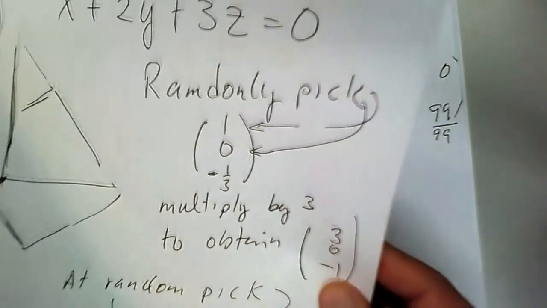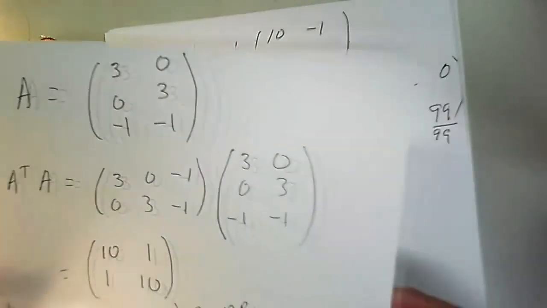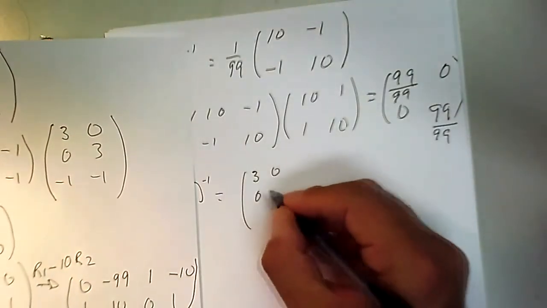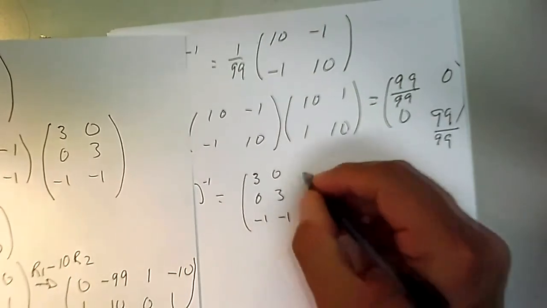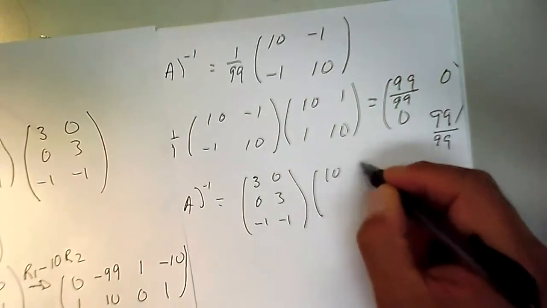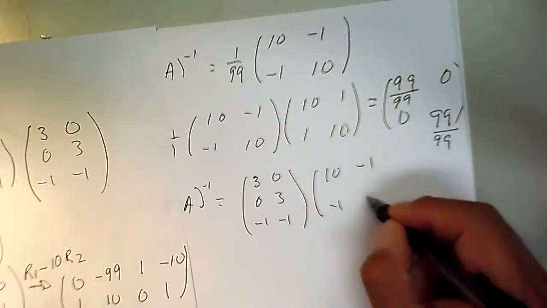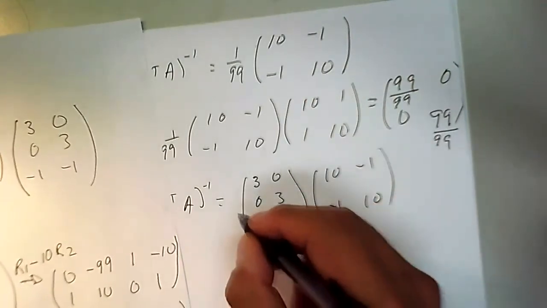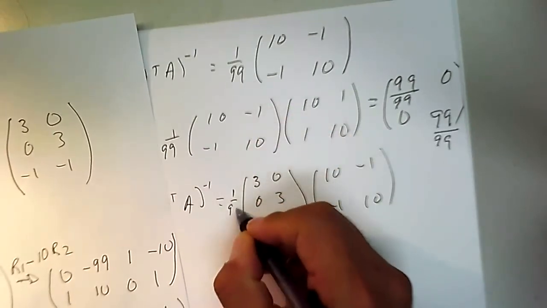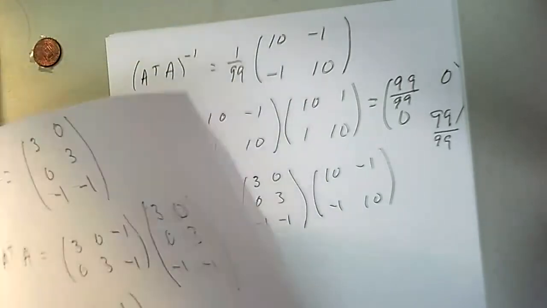What was A? There it is. A is 3, 0, 0, 3, negative 1, negative 1, and we're going to multiply with 10, negative 1, negative 1, 10, and there's an extra 1 over 99 in front of that.